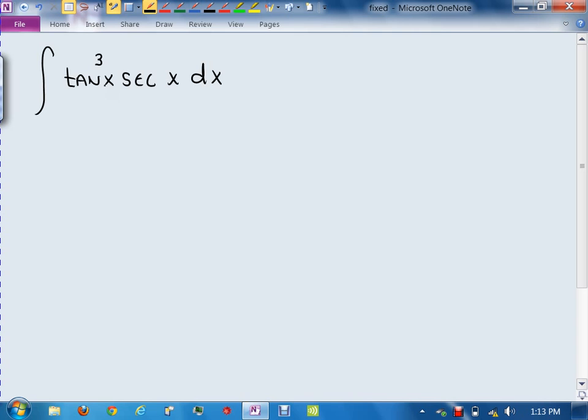So peel one of the tangents off, so you have tangent squared x, tangent x, secant x, that thing?